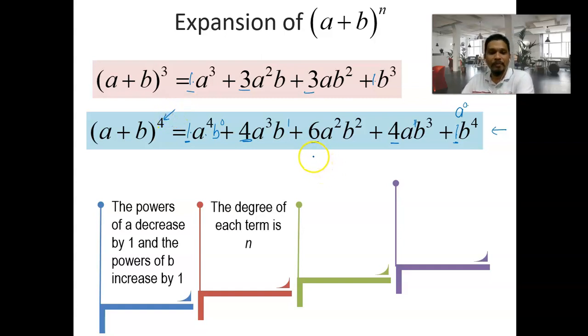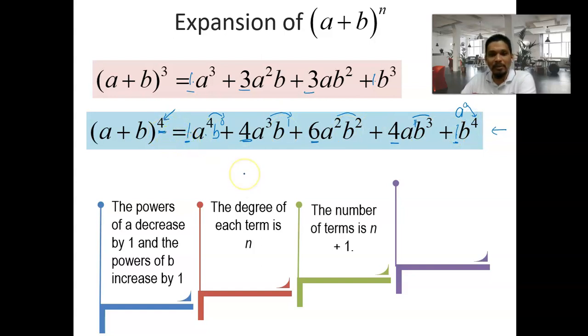The degree of each term is n. Look at this now: 4 plus 0 equals 4. 3 plus 1 equals 4. 2 plus 2 equals 4. 1 plus 3 equals 4. And 0 plus 4 equals 4.